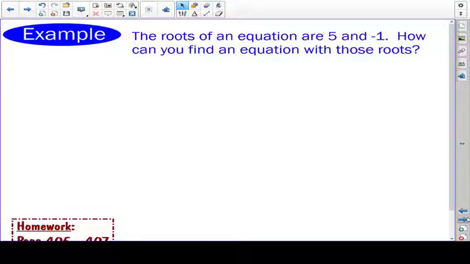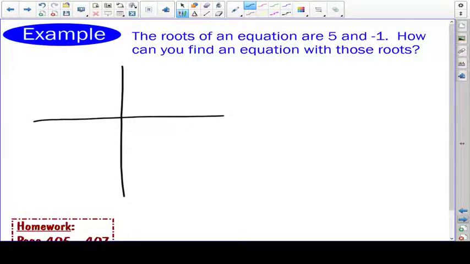So what we can do, and we can just think about this for a second here, okay? I'm going to draw a graph here. Nothing fancy. I've got 5 and -1 as my x-intercepts. So maybe this is 5, and maybe this is -1.